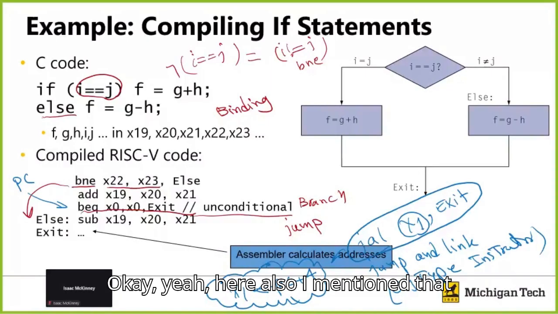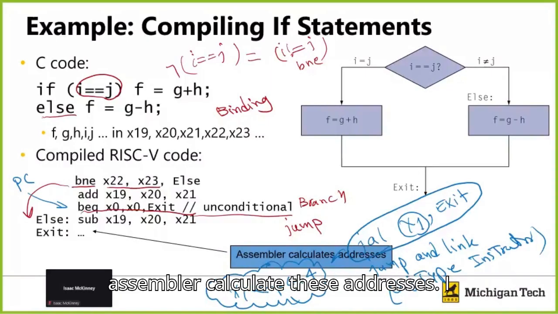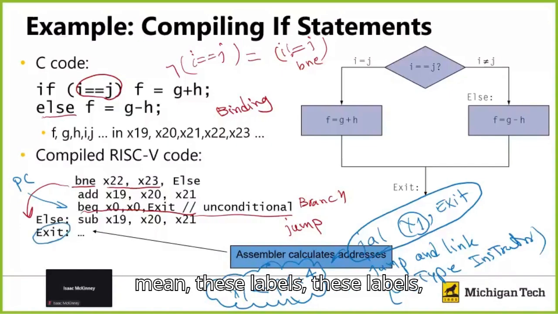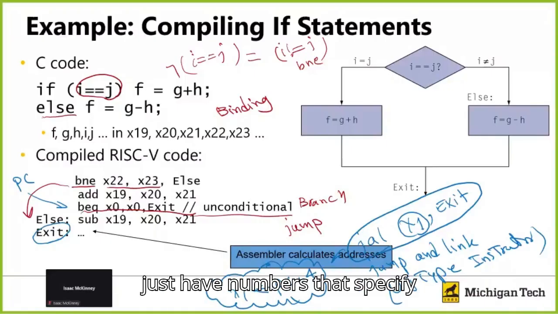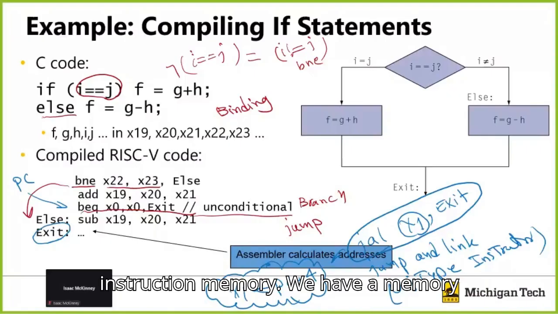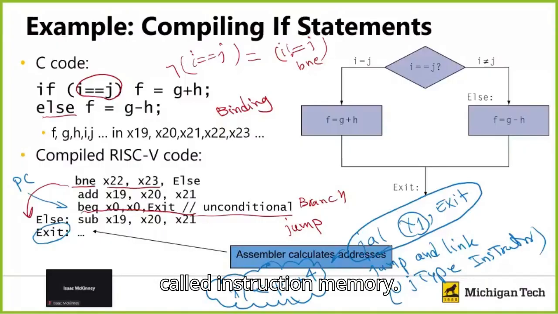Here also I mentioned that the assembler calculates these addresses. I mean these labels. The assembler specifies these addresses, because we don't have exit or else, we just have numbers that specify instructions in instruction memory. We have a memory called instruction memory, and the program is there.